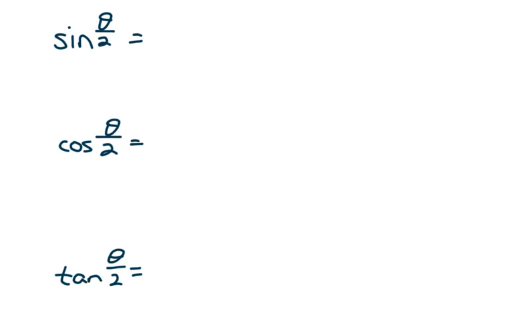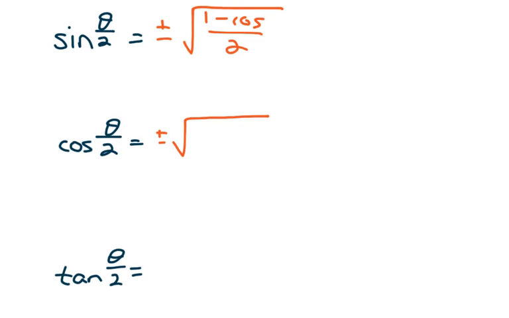So the sine of theta over 2 is equal to, we're going to start with plus or minus, one big square root of 1 minus the cosine of theta, over 2. The cosine of theta over 2 is plus or minus the square root of 1 plus cosine of theta, over 2.